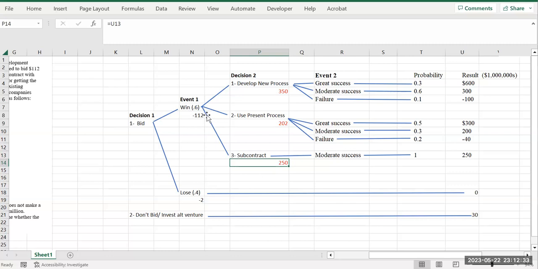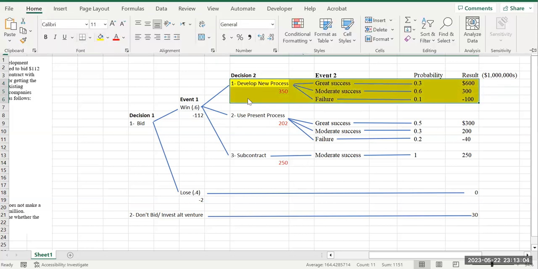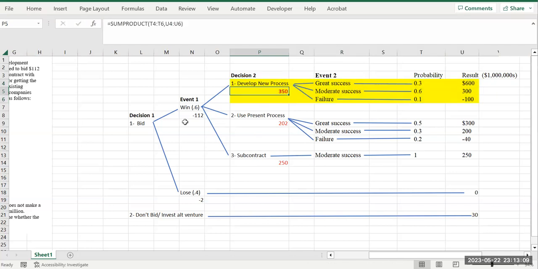As you can see here, each branch is a decision. So now the decision maker can pick between these three options, and definitely we want to go with the one that gives us the maximum expected return, and that would be this one.